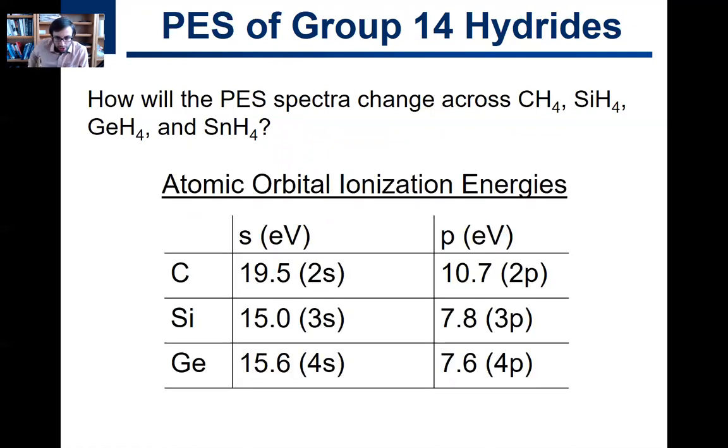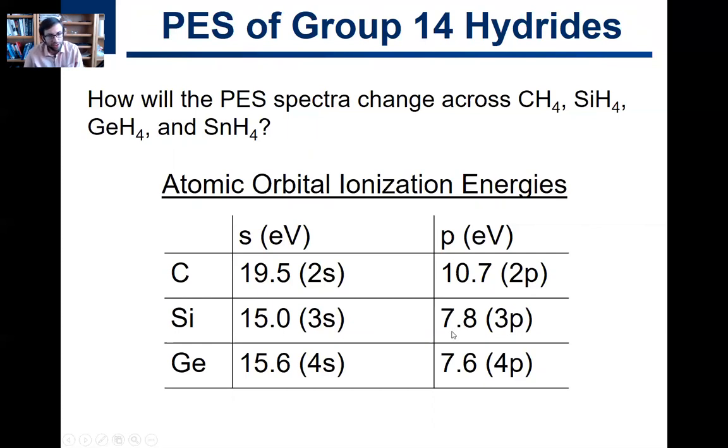The first thing to look at is the ionization energies, so that we can think about how the molecular orbital diagrams would change, because the ionization energies tell us about the energetics of the atomic orbitals from which we construct the molecular orbitals. As we expect, as we go down the periodic table, the ionization energies get less.